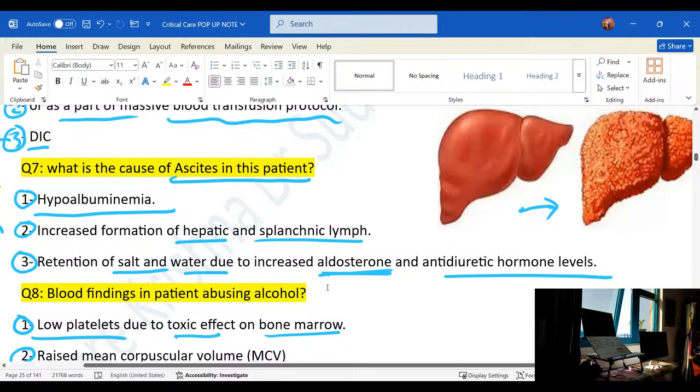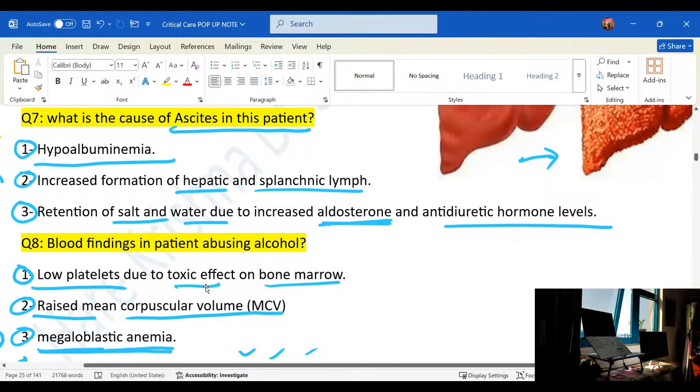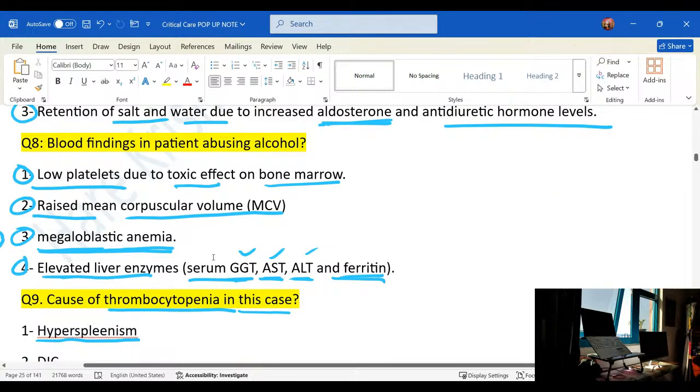Blood findings in a patient abusing alcohol. Low platelets due to the toxic effect on the bone marrow, raised mean corpuscular volume (MCV) and megaloblastic anemia, and elevated enzymes like GGT, ALT, AST, and ferritin.